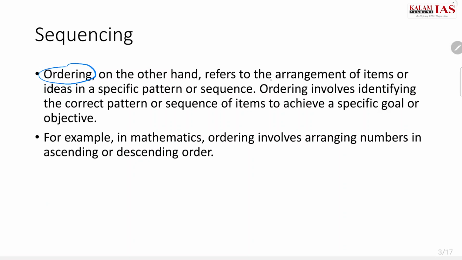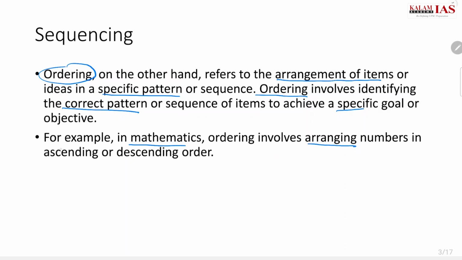Ordering, on the other hand, refers to the arrangement of items in a specific pattern. Ordering involves identifying the correct pattern to achieve a specific goal or objective. For example, in mathematics, ordering involves arranging numbers in ascending or descending order.